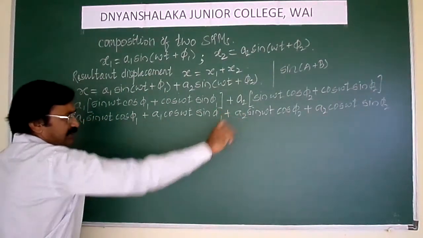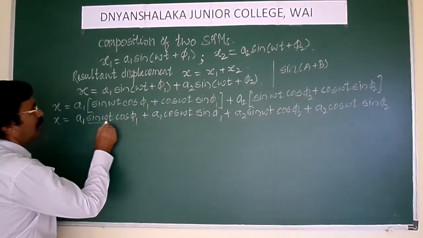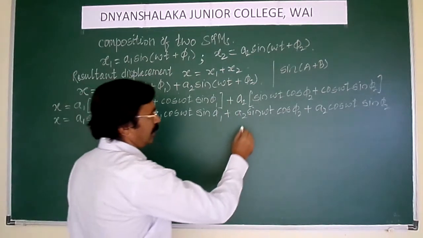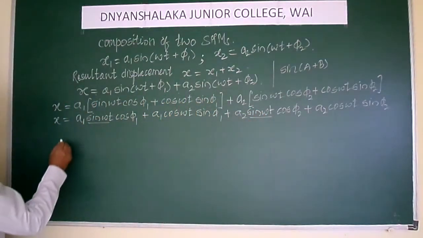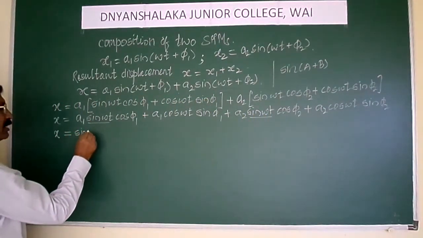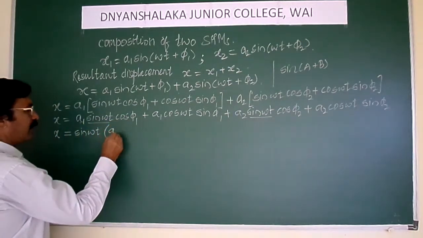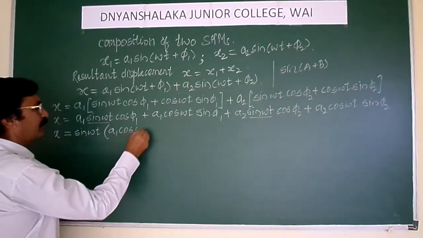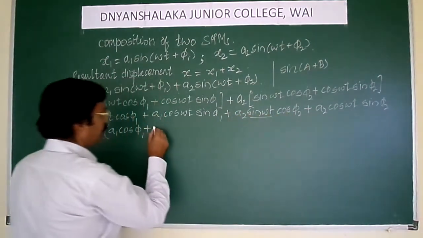Now from this expression, sin ωt we can take common, and so x = sin ωt (A1 cos φ1 + A2 cos φ2).